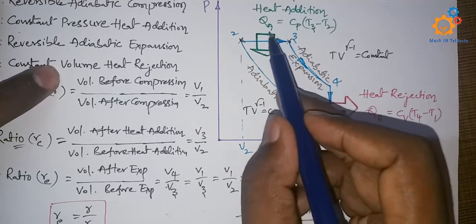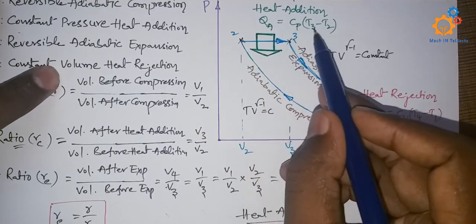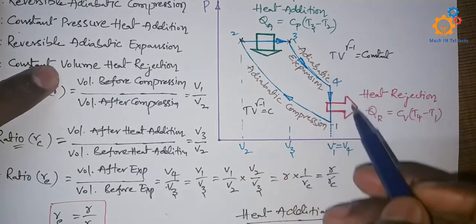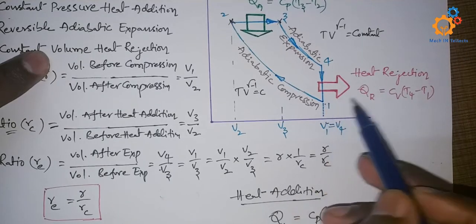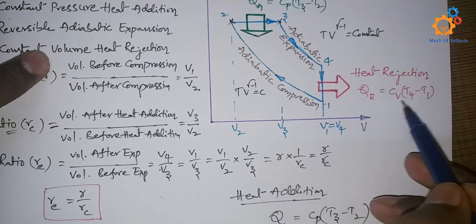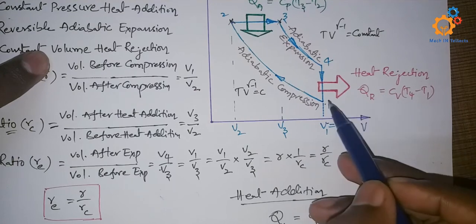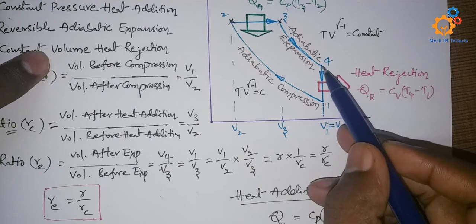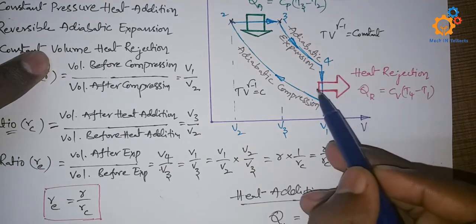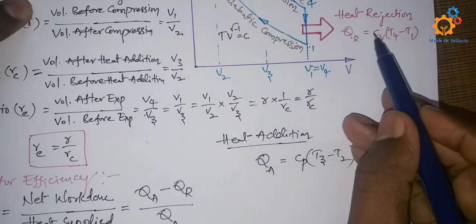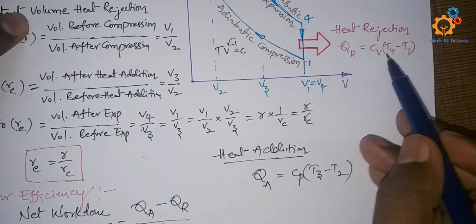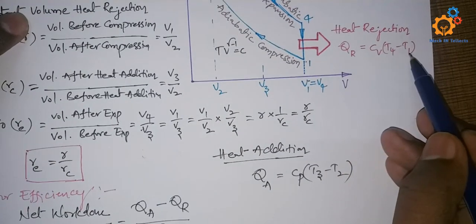In the same way, heat is rejected at constant volume, so QR can be written as Cv into T4 minus T1. I should write T1 minus T4, but heat rejection is negative, so instead of taking negative, I took it as positive by taking T4 minus T1.